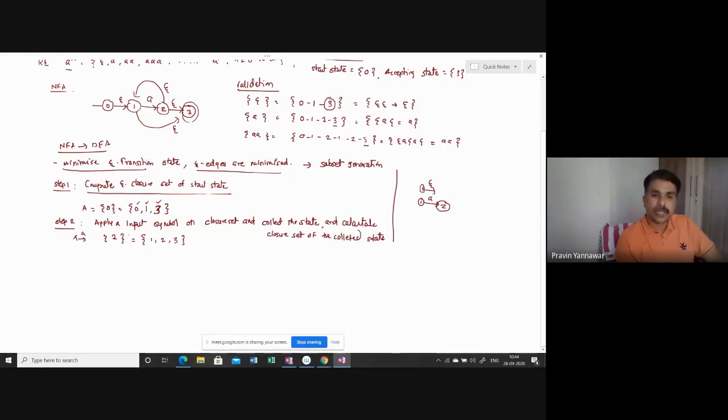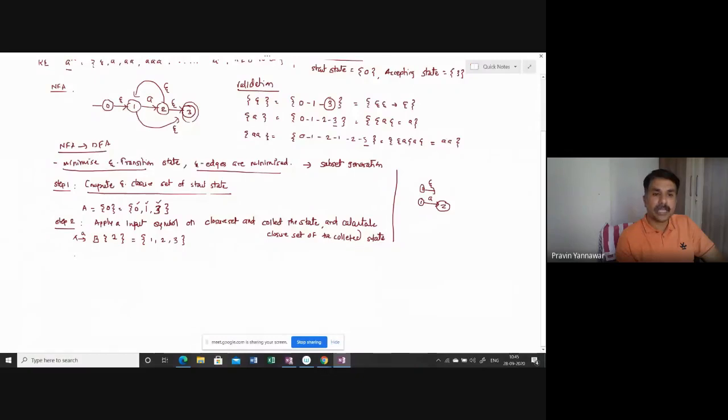What is collected? The result is 2, and 2's closure is 1, 2, 3. Do we have this state earlier defined? No, we don't, so we'll say that this is B. So we have got one more set, called B.